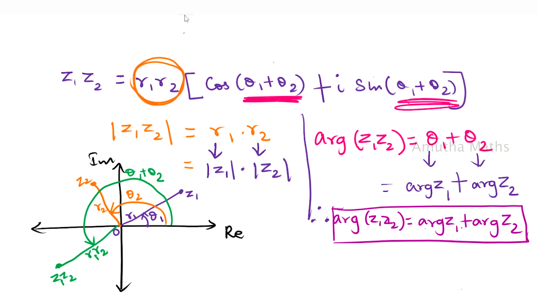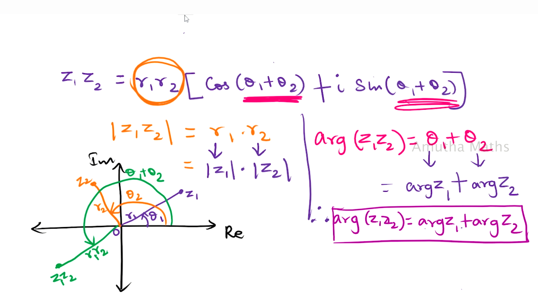So if Z1 represents a complex number which makes an angle theta 1 with the positive side of x-axis, and R1 is the distance of the complex number Z1 from the origin, and Z2 is another complex number which makes an angle theta 2 whose modulus is R2, then Z1 into Z2 will make an angle theta 1 plus theta 2, and the distance of that complex number Z1 Z2 from the origin will be R1 into R2.